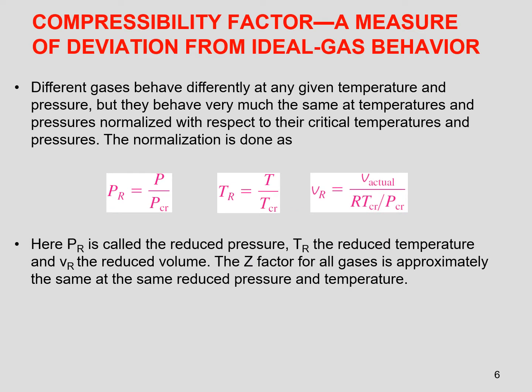Although gases behave differently at any given temperature and pressure, they behave very much the same at temperatures and pressures normalized with respect to their critical temperatures and pressures. This normalization is done as follows. We define the reduced pressure to be the pressure over the critical pressure, the reduced temperature to be the temperature over the critical temperature, and the reduced volume to be the actual volume over R T critical divided by P critical.